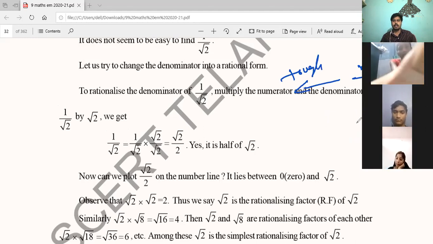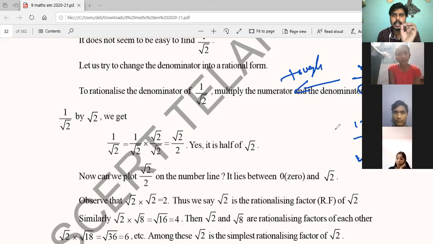But irrational number by rational is a little bit simple, a little bit easy compared to that. So we are going to convert this irrational number into rational form. We are focusing just on the denominator. I'm not talking about the numerator, Nana. I'm talking only about the denominator.